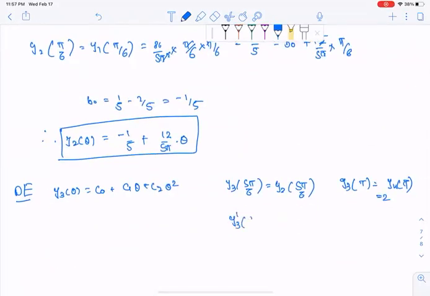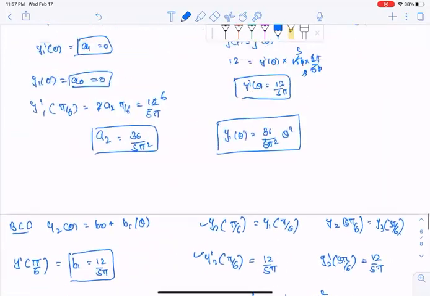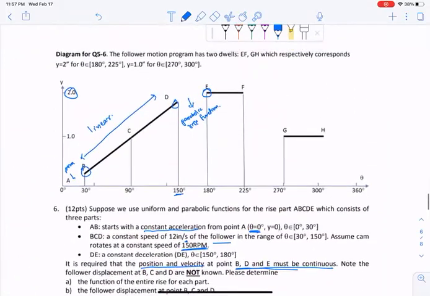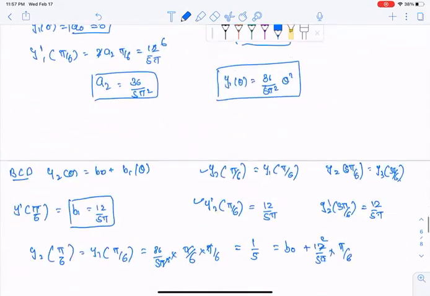Y3 dash of 5 pi by 6 is equal to the constant value of velocity in the linear function, and that was equal to 12 upon 5 pi. And y3 dash of pi is going to be 0, because velocity at e to f is 0, as my follower is going to dwell on e to f.